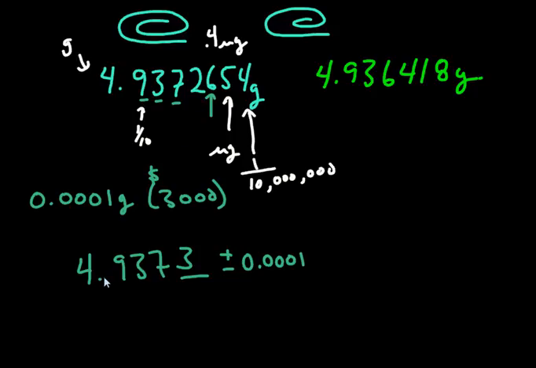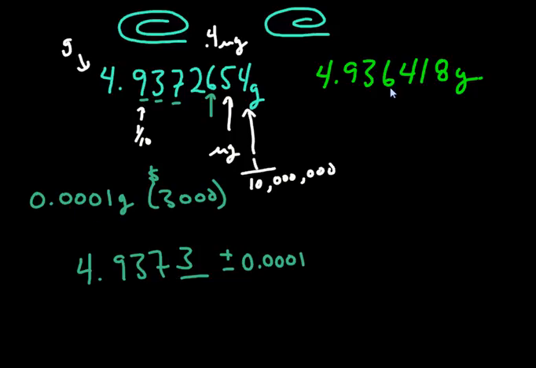Is this value between 4.9372 and 4.9373? Absolutely it is. It's 2.6, right? So it's right in there. So that's what this scale would read, okay? So we're certain of all these digits, but this digit is a rounded digit, so it's not exactly what the real digit is, right? It's a rounded up digit, but it's the best this particular scale can do.